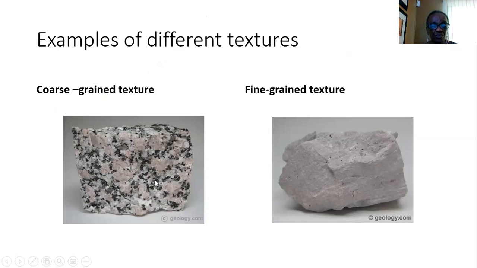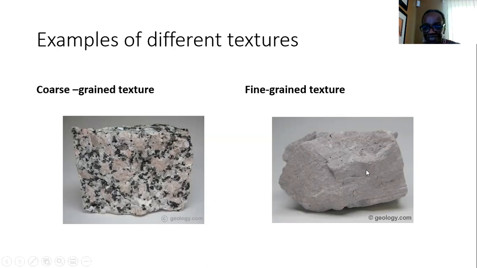So if there are large crystals and you're able to see these different specks, that means that this was slow cooling. So this coarse grain igneous rock, based on its texture, is also intrusive, because in order for those crystals to grow large, the magma was far below the surface of the earth.